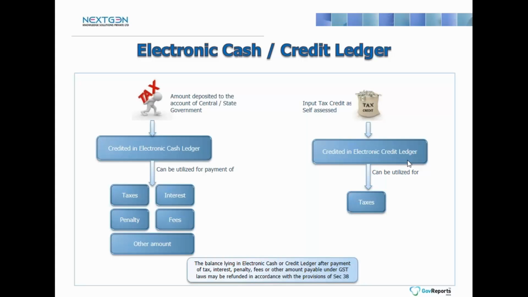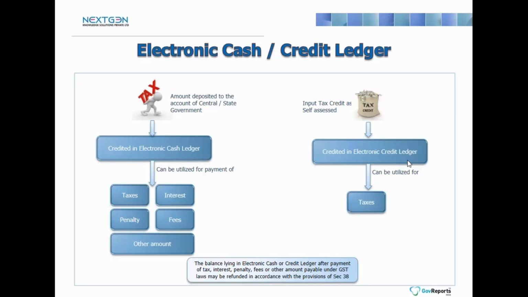The other two returns, which are GSTR 2 and the GSTR 3 monthly return, are being auto-populated by the system. The GSTR 2 return will be auto-populated by the system and given to the taxpayer for the purpose of reconciliation. GSTR 2 is basically the inward supply of goods and services. This data will be given to the taxpayer for reconciliation with his accounting records, and then uploading the data at the GST portal.